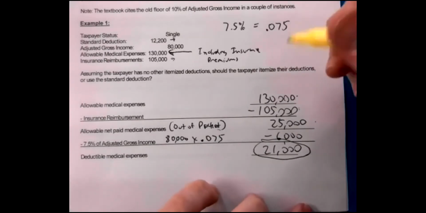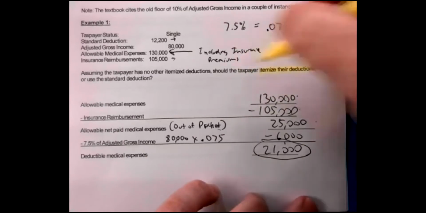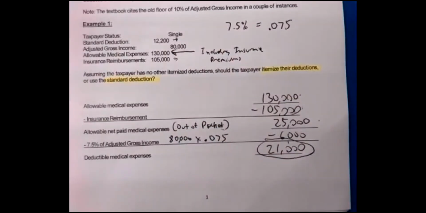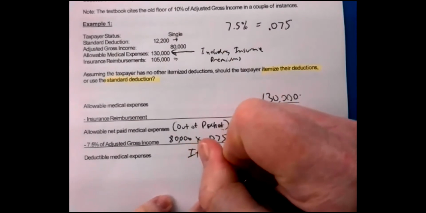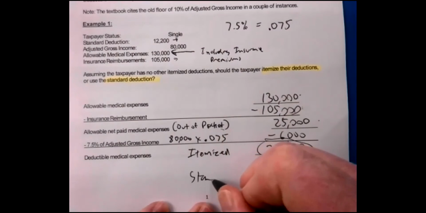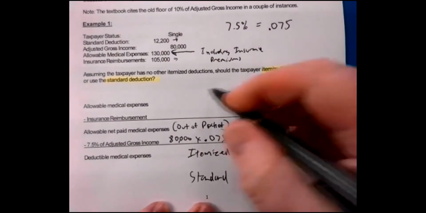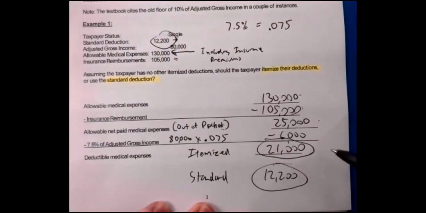Okay. So should they itemize their deductions or use a standard deduction? So this would be the itemized deduction. The standard deduction is, so this is the one they'd want to take.